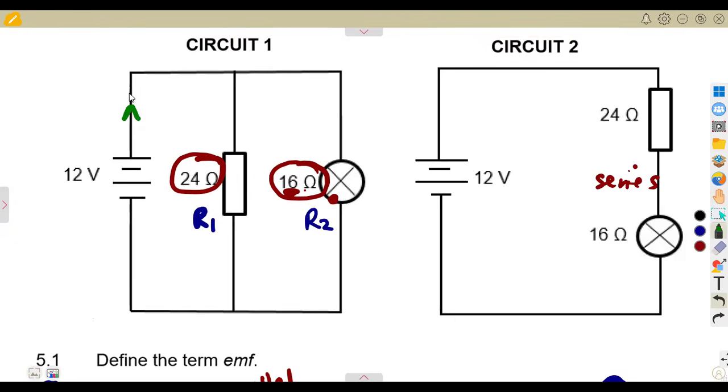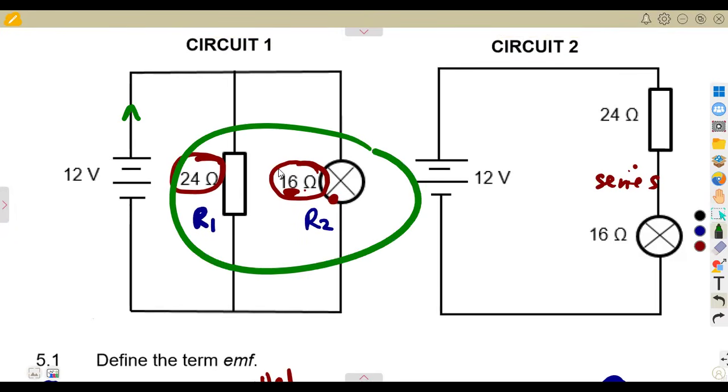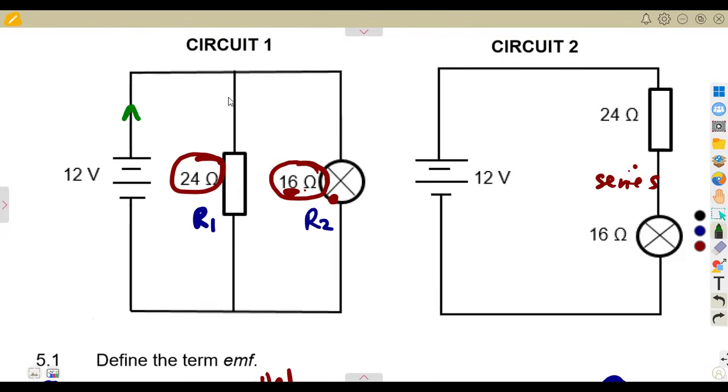Let's say this is the total current, calculated from the total resistance. It is going to branch as it reaches this connection. Another current flows through this resistor, and another current flows through the bulb, which is our light bulb.